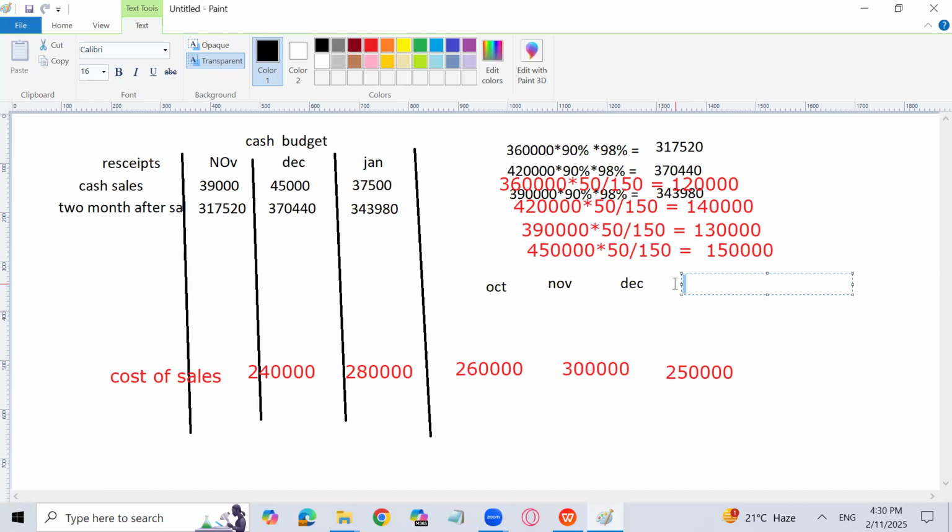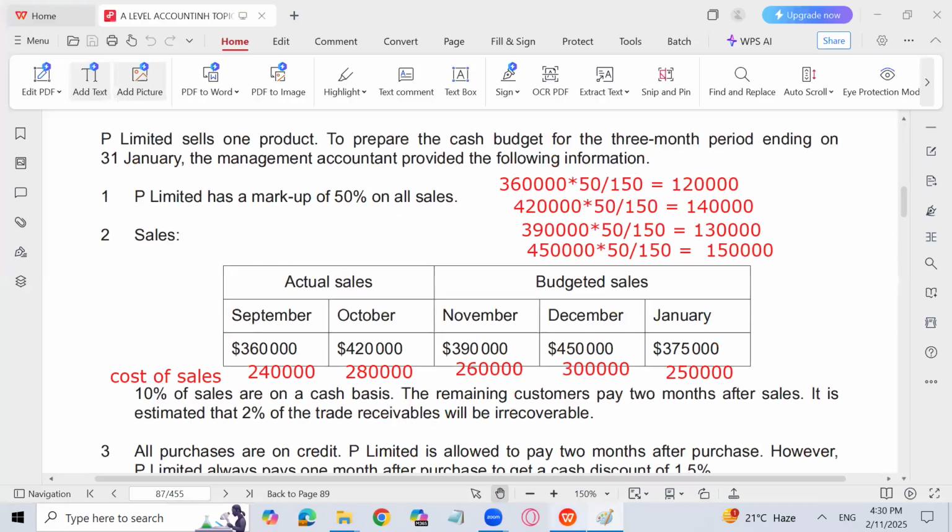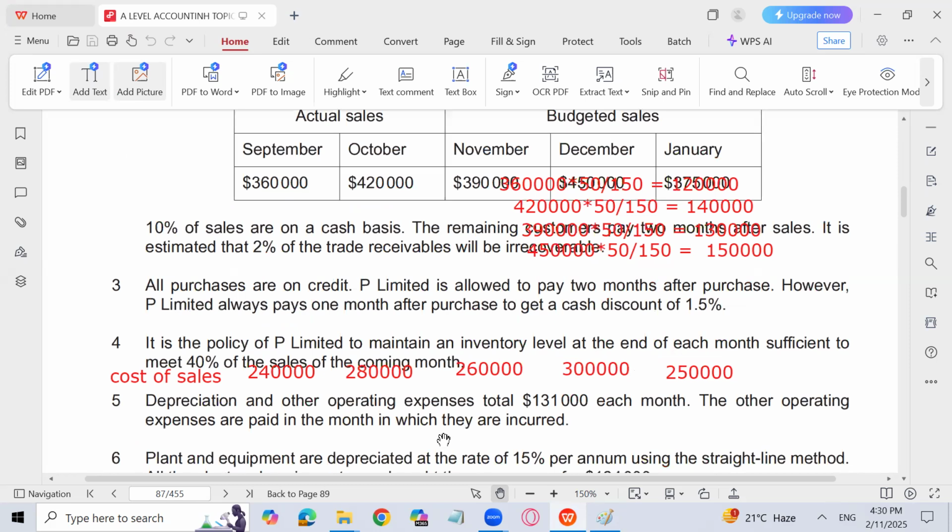And maybe January will not be required, but I can write it down. Why? Because he has clearly stated that all purchases are on credit. P Limited is allowed to pay 2 months after purchase. However, P Limited pays 1 month after purchase to get a cash discount of 1.5%. So we have to calculate purchases first.